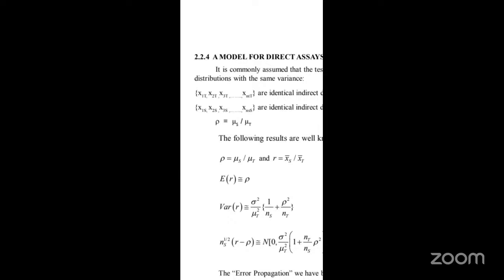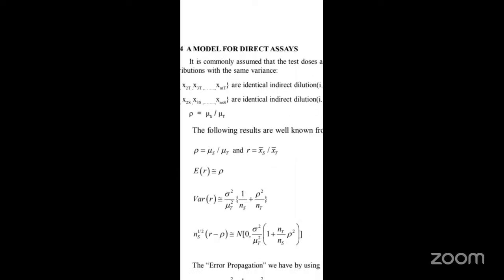Here we calculate rho equal to mu_s by mu_r. The following results are well known for the normal distribution, where R equals x bar s by x bar r: expectation of R equals rho, variance of R equals sigma squared by mu_r squared times (1 by n_s plus rho squared by n_r), and n to the power of 1 by 2 into (R minus rho) is normal with mean zero and this variance.